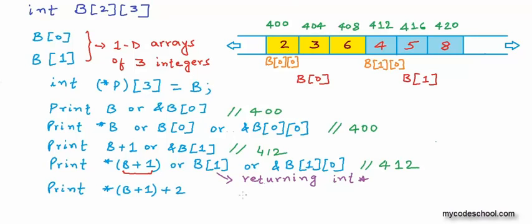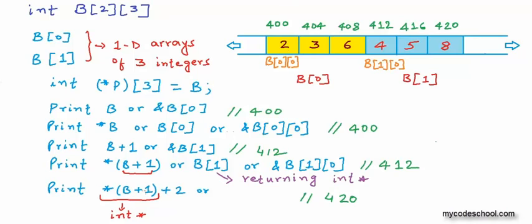Adding 2 here is pointer arithmetic, because *(b + 1) is a pointer to an integer storing this address 412. Adding 2 is basically going to the next to next integer, which means skipping 8 bytes and going to reference the integer at address 420.